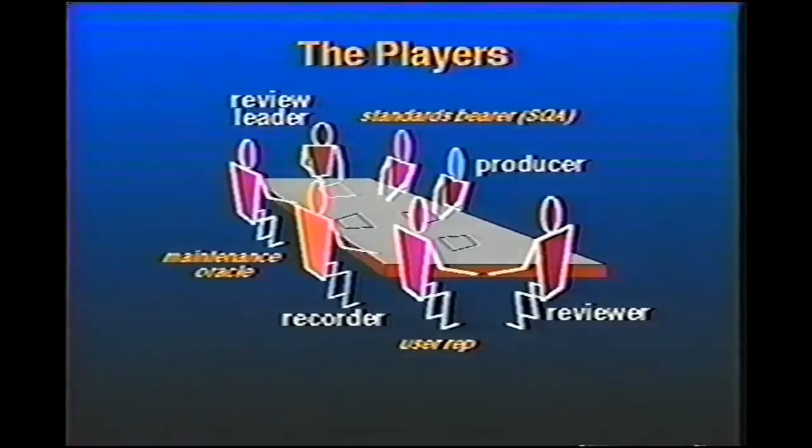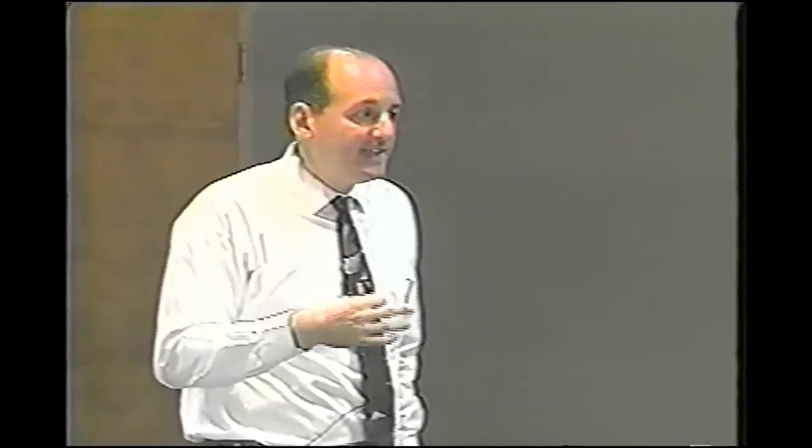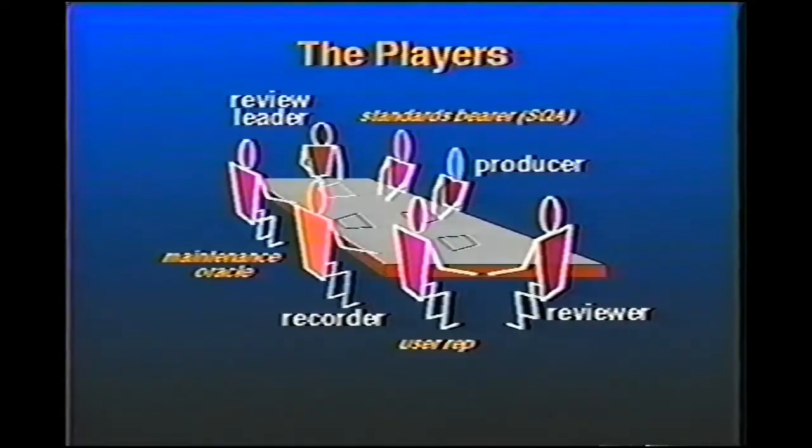Okay. Number two, we have the producer. The producer is the person who created the product that is being reviewed. We must have somebody on the review team whose job it is to be a reviewer, but also to write down any salient issues that are uncovered as part of the review.